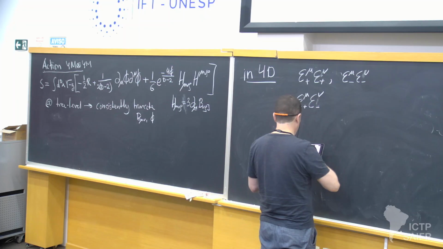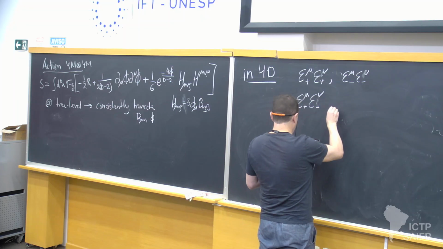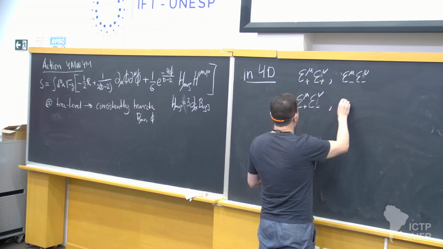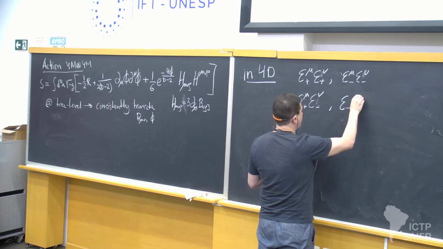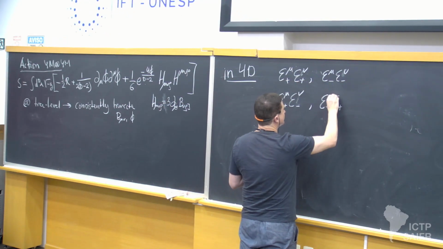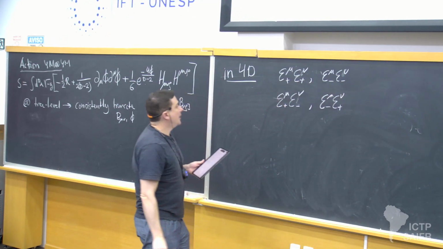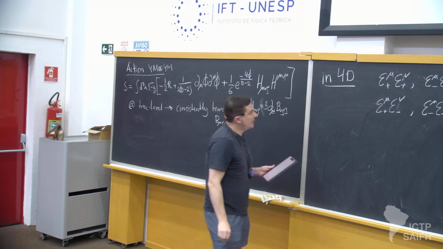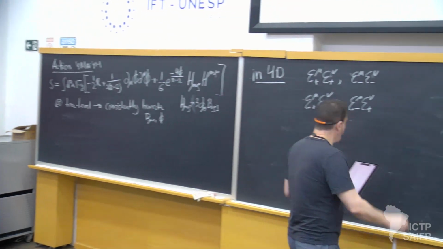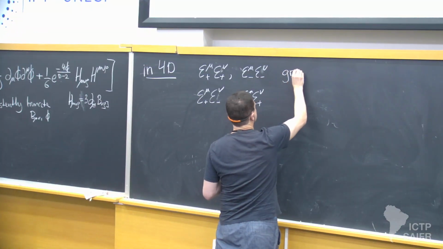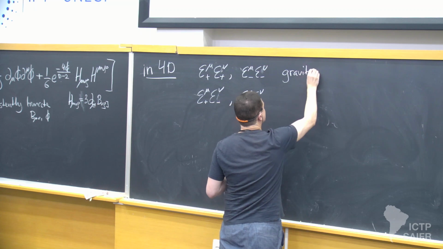That means it's a scalar. And then you, of course, have the other one as well. And essentially, so these are the graviton states.